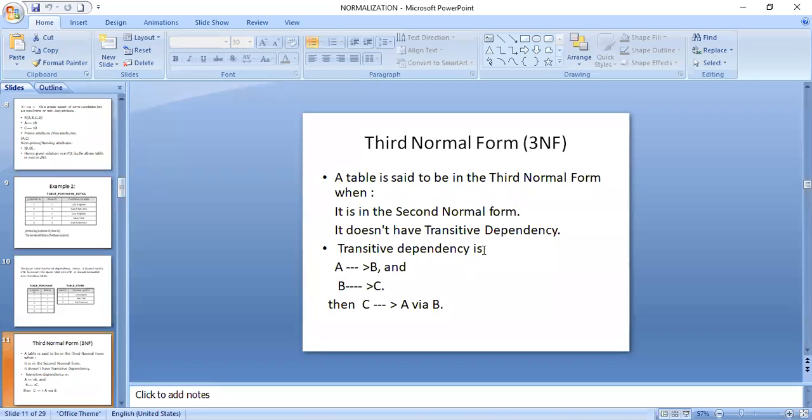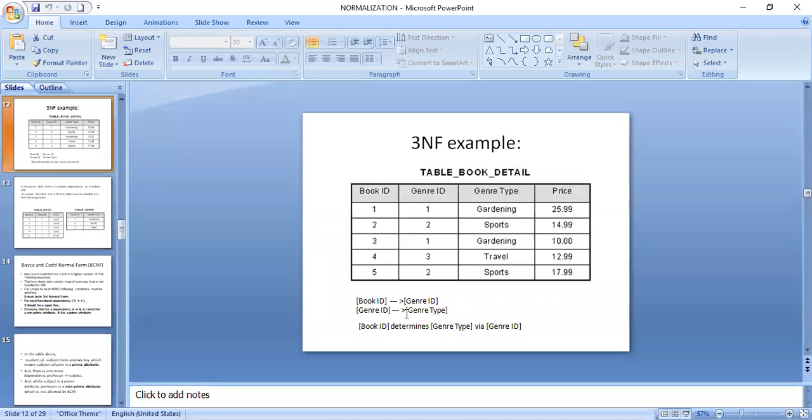What is transitive dependency? It is something like this: A determines B and then B determines C. Then we say that C depends on A via B. That is called transitive dependency.